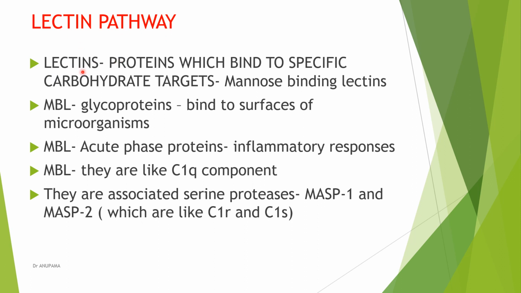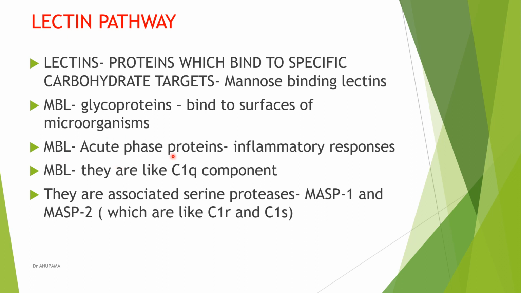We have one more pathway called the lectin pathway. What are lectins? Lectins are proteins which bind to specific carbohydrate targets, like the mannose binding lectins, abbreviated as MBLs. These are glycoproteins and they bind to the surface of microorganisms.